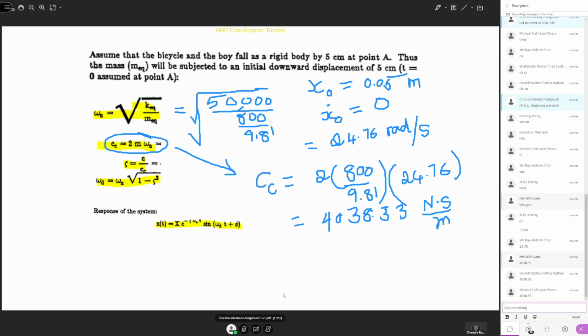All right, once you know the critical damping constant, you can now calculate the damping ratio. So what will be the damping ratio, eta?